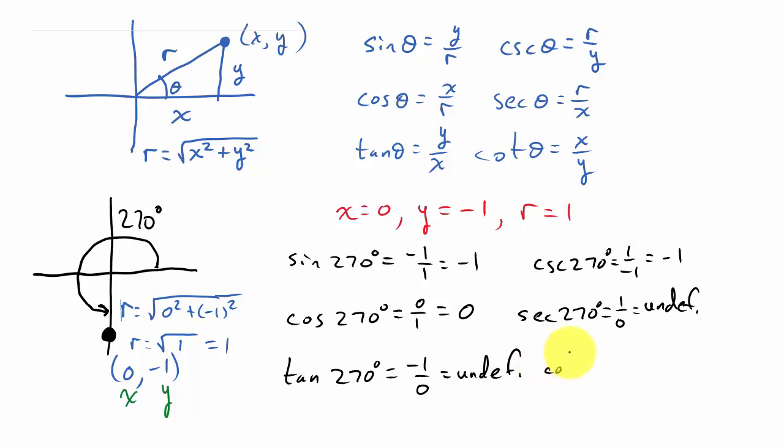And then cotangent of 270, if we take the reciprocal of tangent, we flip this, that's 0 over negative 1, which is 0. So there's all your trig values for 270 degrees.